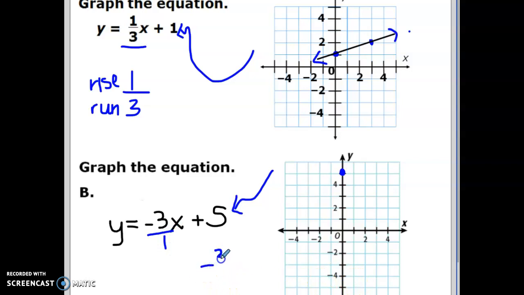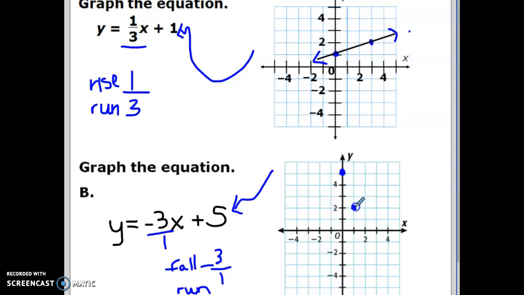So my slope is negative 3 over 1, and it's negative, so I'm going to fall and then run. So from the dot I just made, I'm going to fall 3 spaces and run 1. So here's my dot. I'm going to fall 3 spaces, 1, 2, 3 spaces, and run 1 space.